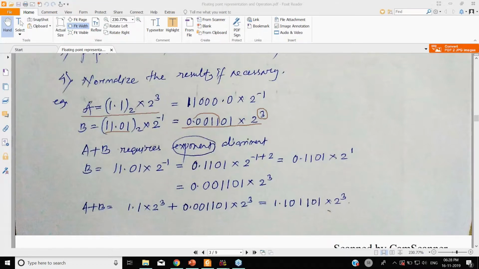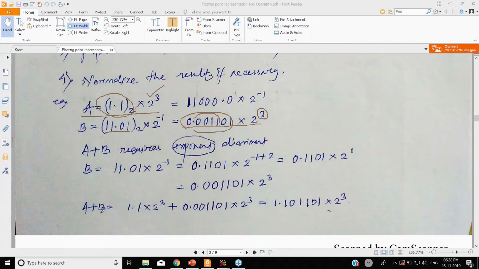Now if you want to add A and B, what you can do? You take 2 to the power 3 as common and add these two values. This value and this value can be added directly, keeping 2 to the power 3 as common. So look at this.